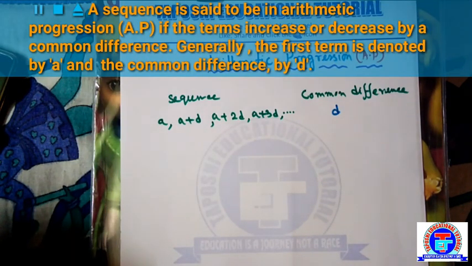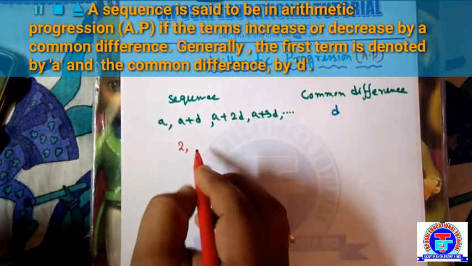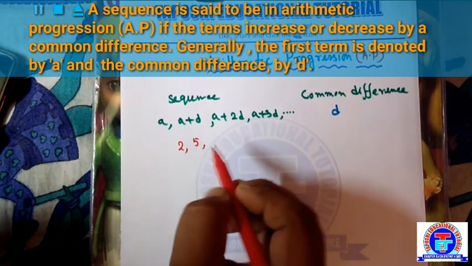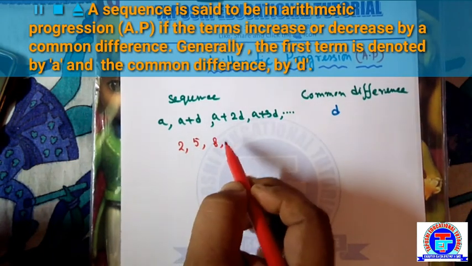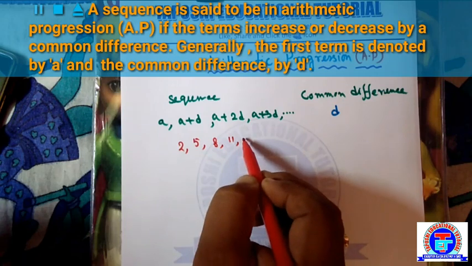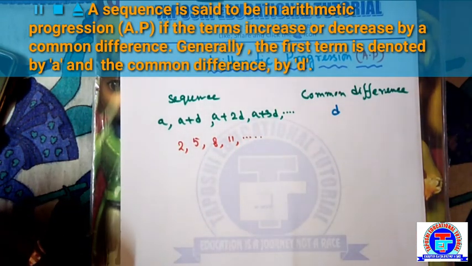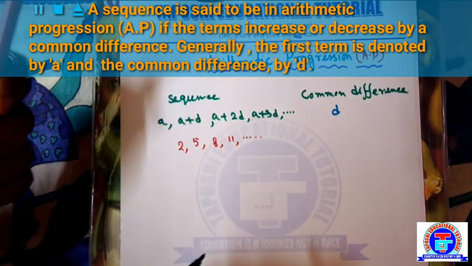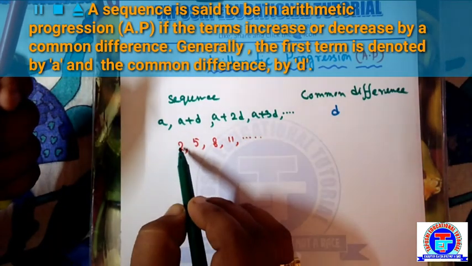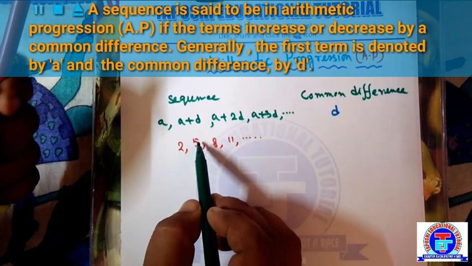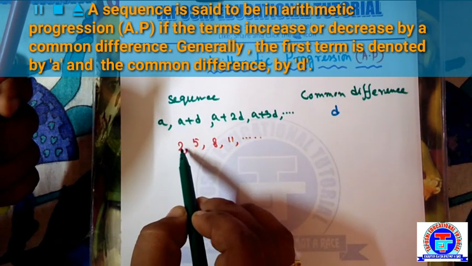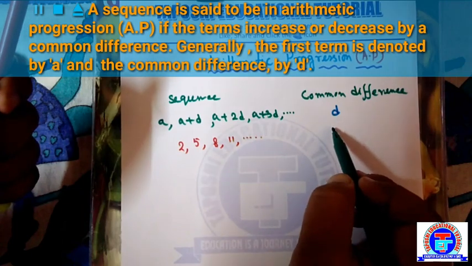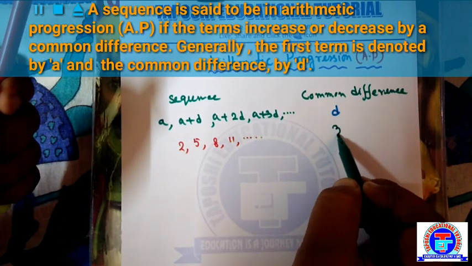Now another sequence here, 2, 5, 8, 11, and so on. Here the common difference you observe is 5 minus 2, that means the second term minus the first term, so we can write it is 3.